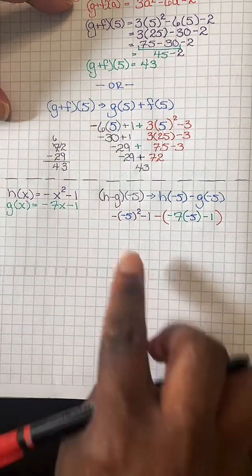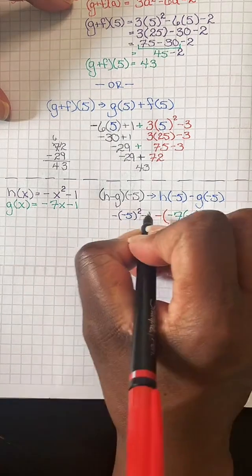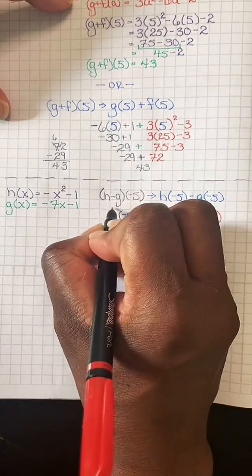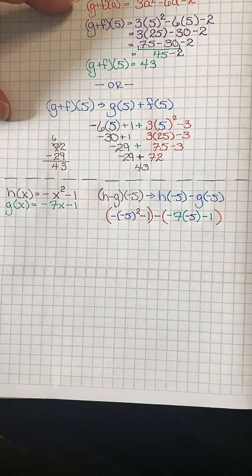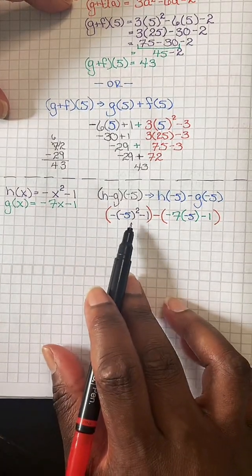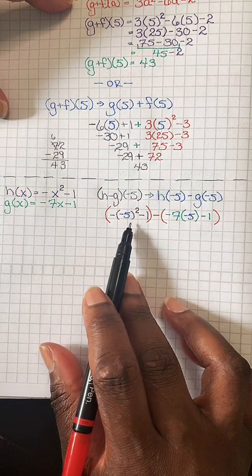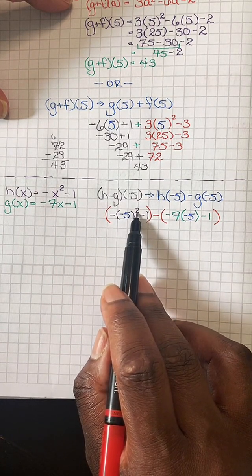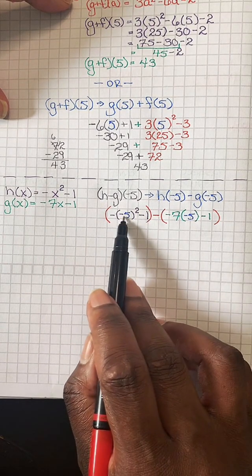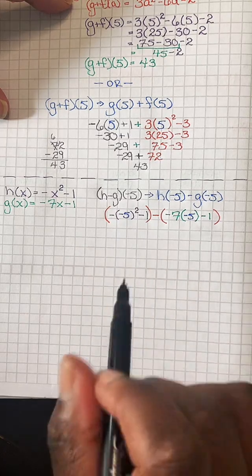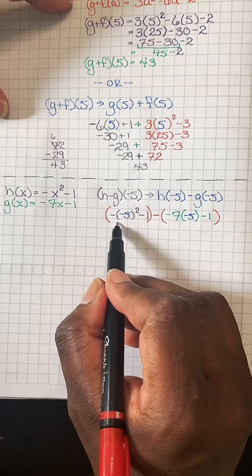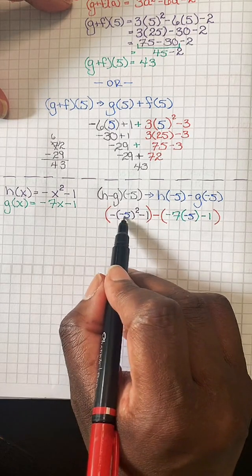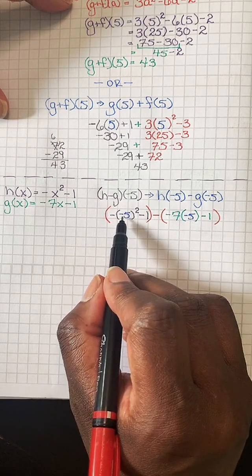All right. So now, maybe I should put this in parentheses too, so it's not so cumbersome. Let's figure out what's supposed to happen in here. So we have a -5 that's being squared. It's not going to be a +5 because first we have to deal with the exponent before we do any kind of multiplication.